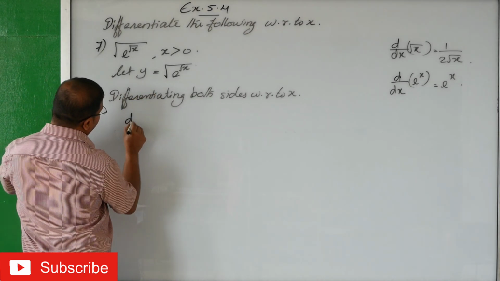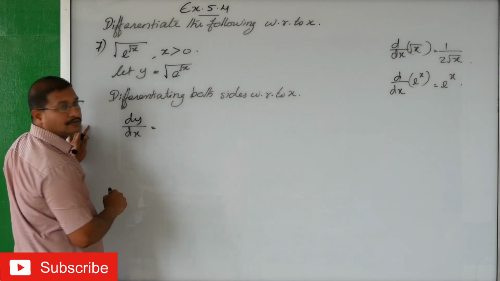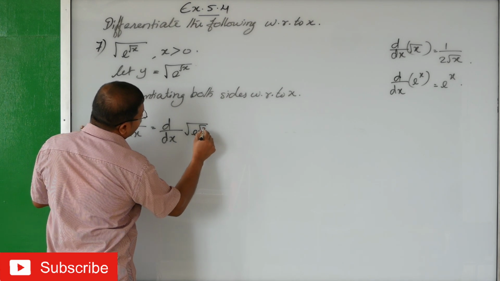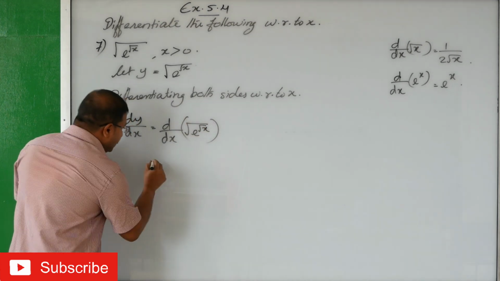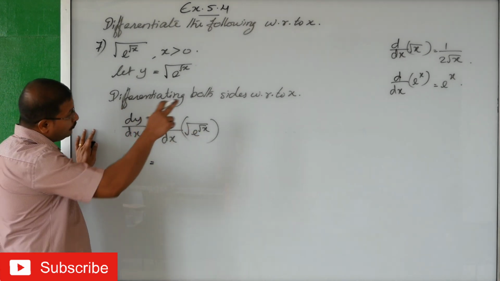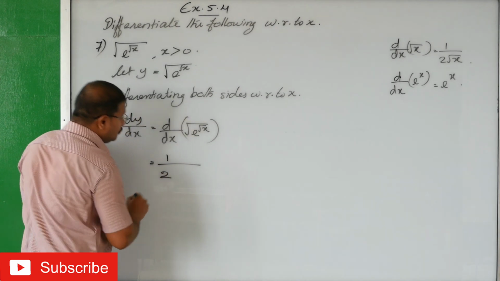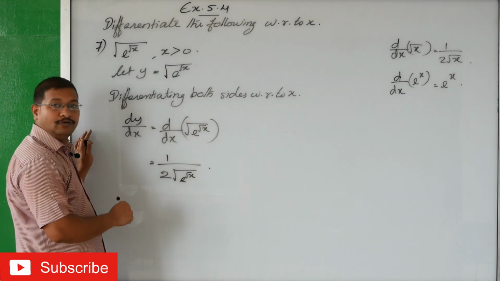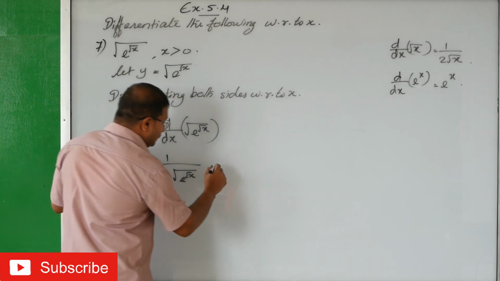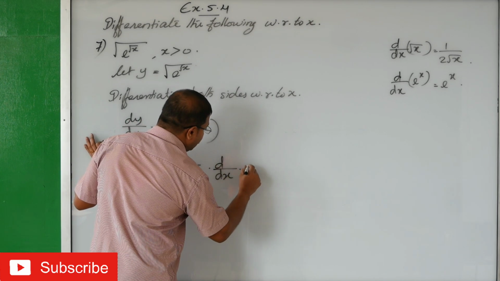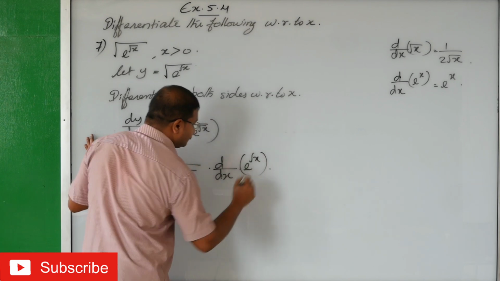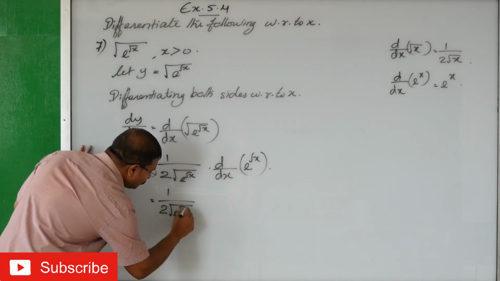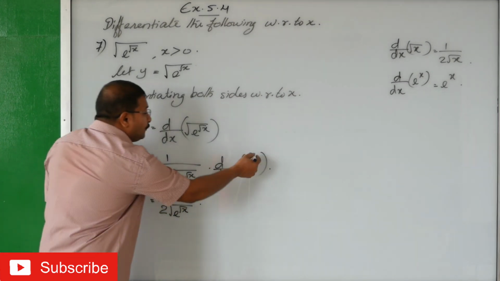Derivative of y will write dy by dx equals, now derivative of root e raised to root x equals derivative of root x, 1 by 2 root x, but in place of root x what you will write, root of e raised to root x into, now derivative of that inside one, what is that, derivative of e raised to root x equals 1 by 2 root of e raised to root x into derivative of e raised to x is e raised to x.